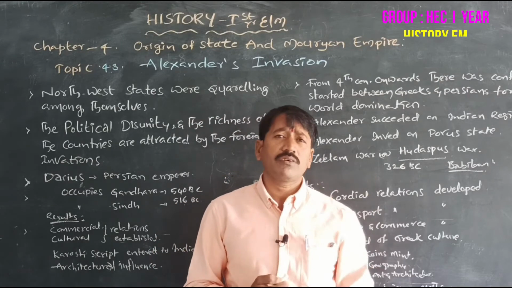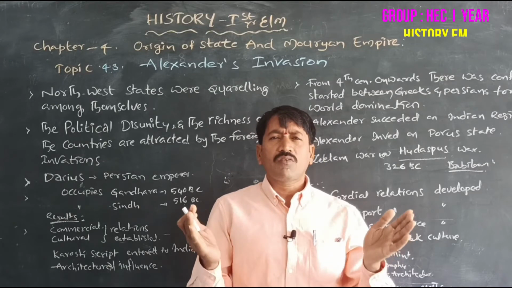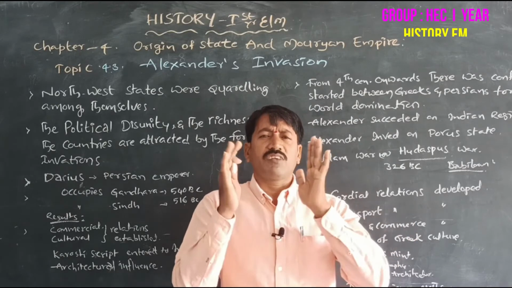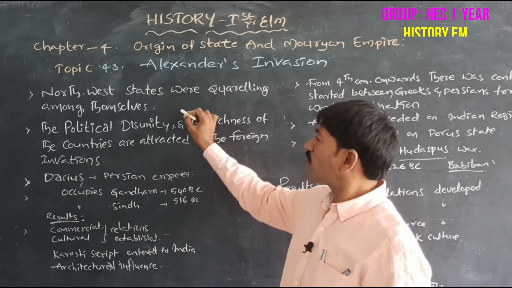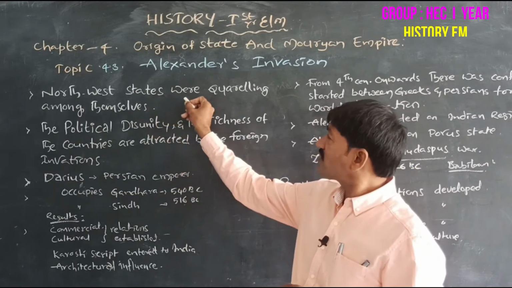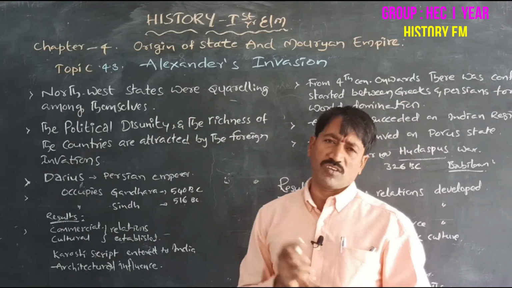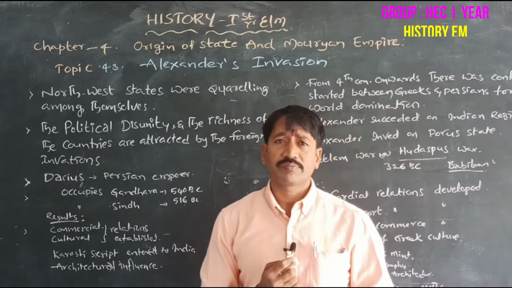This type of Mahajanapadas were quarreling among themselves. That's why I mentioned the first point here: northwest states were quarreling among themselves. There was no political unity.